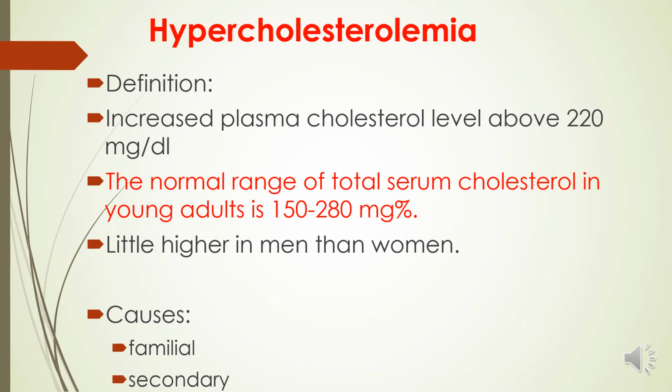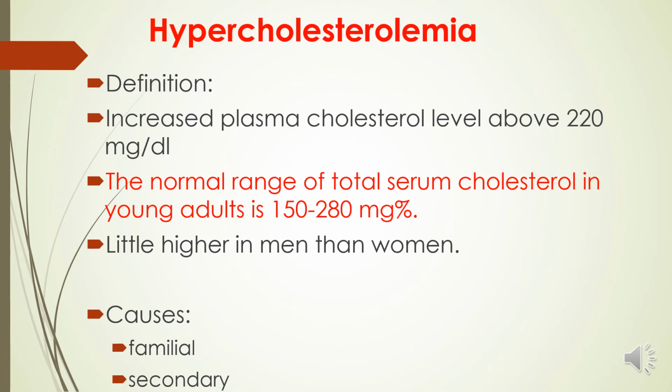An elevated cholesterol level in plasma above 220 milligrams per deciliter is considered as hypercholesterolemia, where the normal range lies between 150 to 220 milligrams per deciliter, and hypercholesterolemia, as we said, results from dysregulation of the mechanisms of cholesterol synthesis.